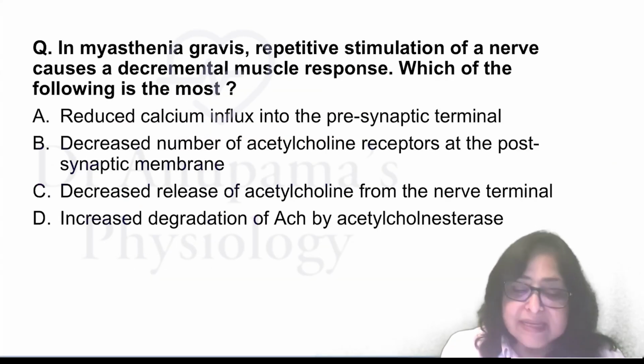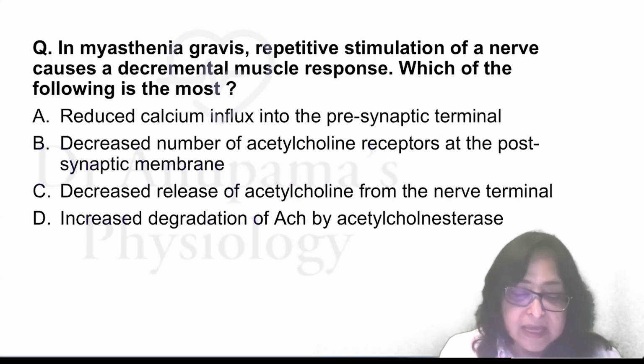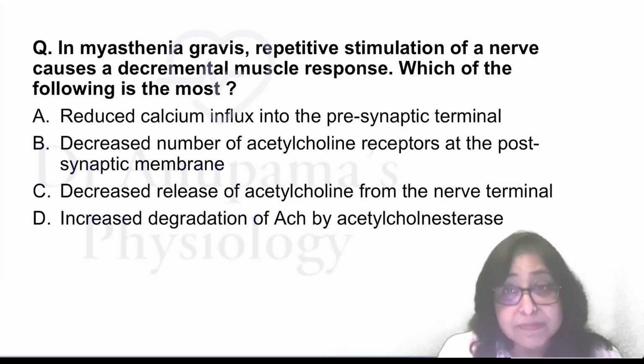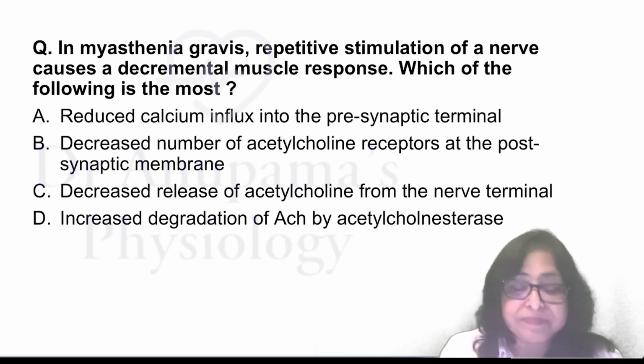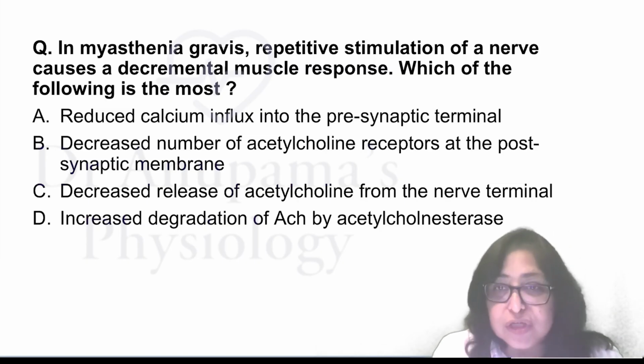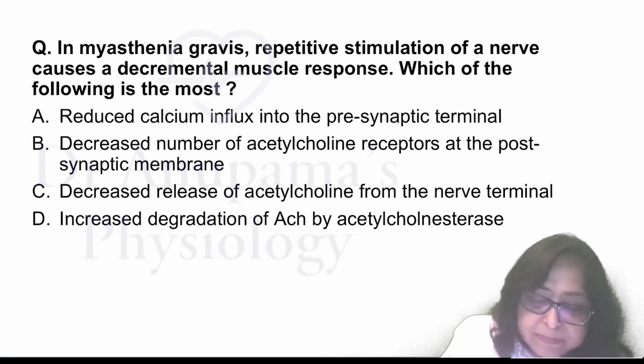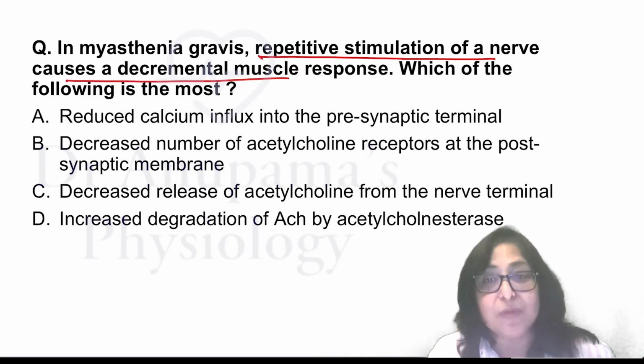Next question. In myasthenia gravis, repetitive stimulation of a nerve causes a decremental muscle response. Which of the following is the most likely explanation? Now, here it says it's not asking us about the pathology of myasthenia gravis. It says, if I do a repetitive stimulation, I find that there is a decremental muscle response.